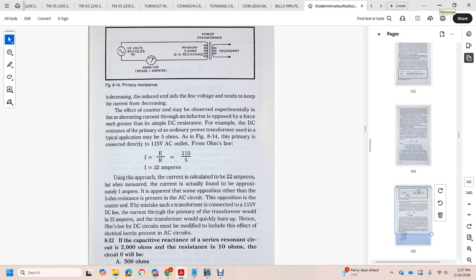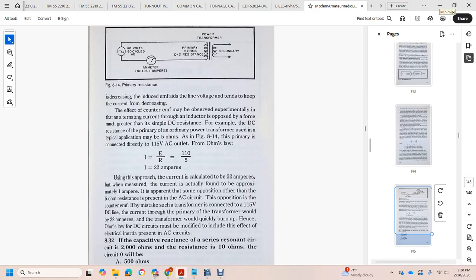There is apparently some opposition other than the 5 ohm resistance present in the AC circuit, the opposition of the counter EMF. Next, if the transformer were connected to a 115 volt DC line, the current in the primary would be 22 amps, and the transformer would quickly burn up.